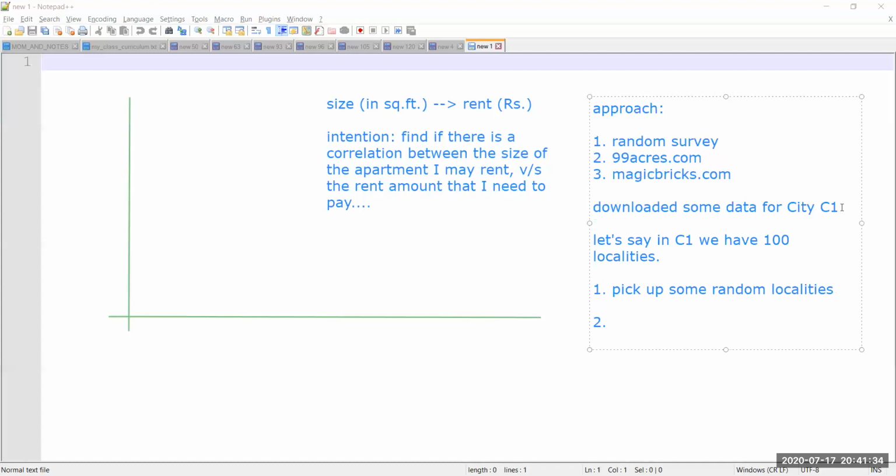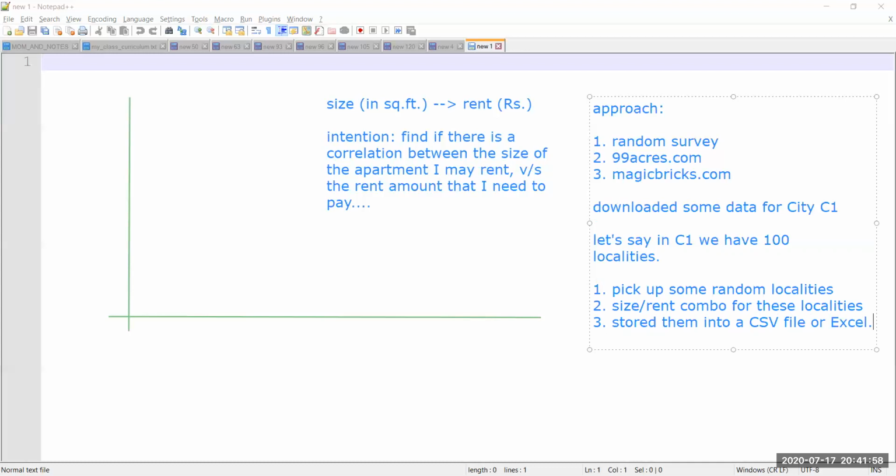This is the random sampling that I've done. Then I have taken the size and rent combo for the localities that I have picked. Then let's say I have stored them in a CSV file or Excel.